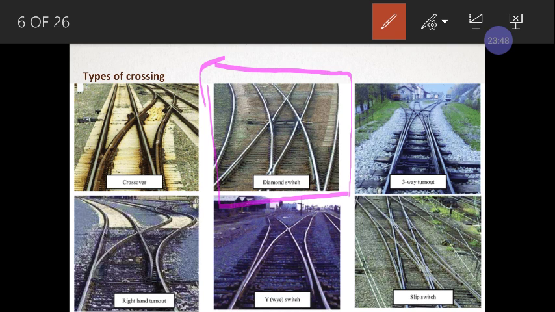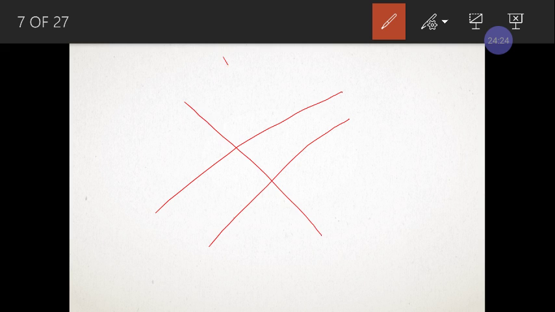In a simple case, there is a main track like this, and another track is cutting it at an angle. I'll show on this blank page, you will understand. There is a main track, and at an angle another track is cutting it.